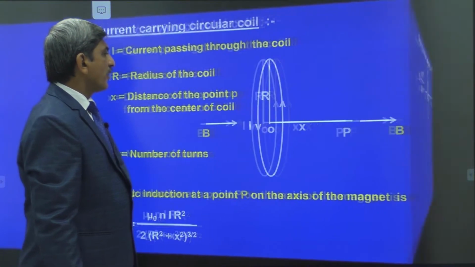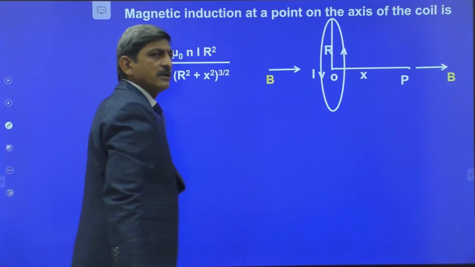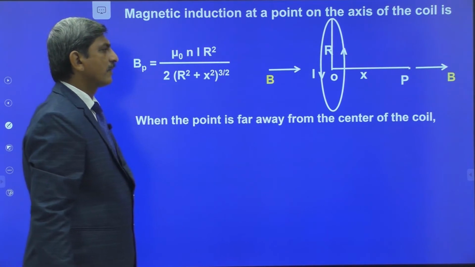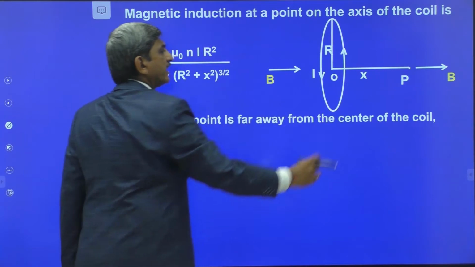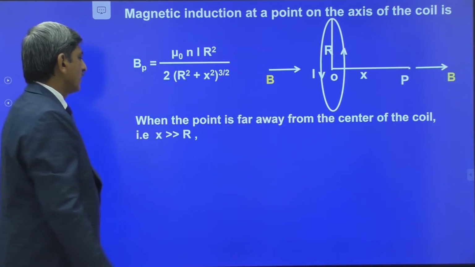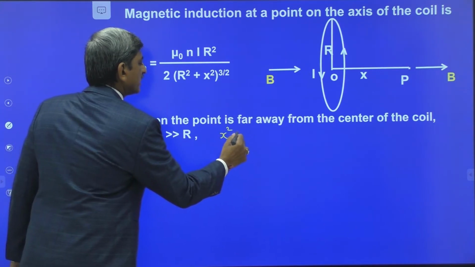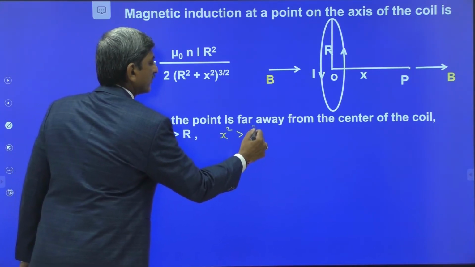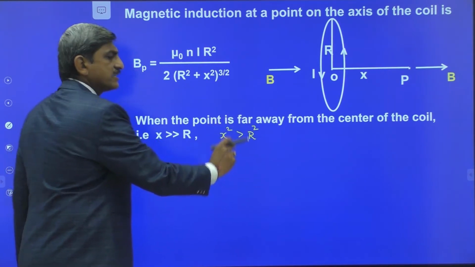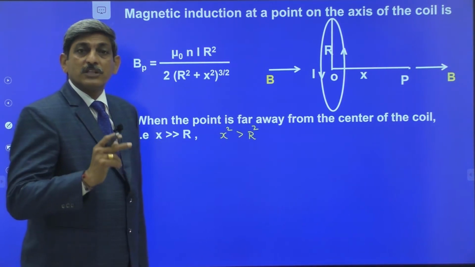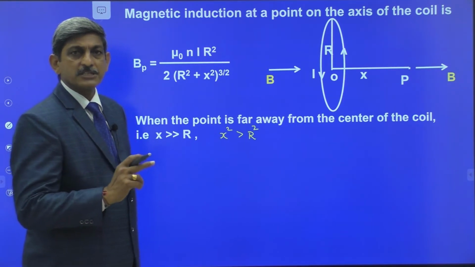If suppose this point P is far away from the center of the coil, then what happens? Far away means the distance of the point x is very greater than the radius of the coil. In this case, x square is also very greater than r square. So one is the larger value, one is the smaller value. So the smaller value can be neglected either in the addition or in the subtraction process.